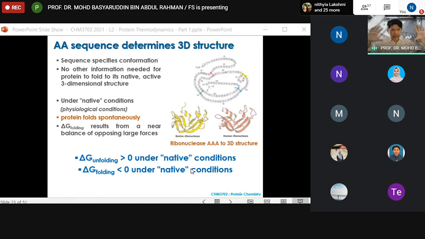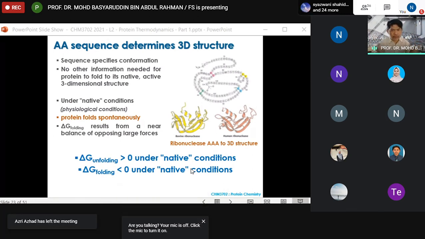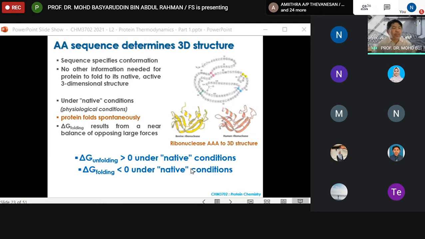I'm just going to give you an overview, and later on you must discuss the information that leads to what I mentioned here. Folding is entropically unfavorable because it minimizes the dispersal of energy and adds order to the system. So that is the first information.